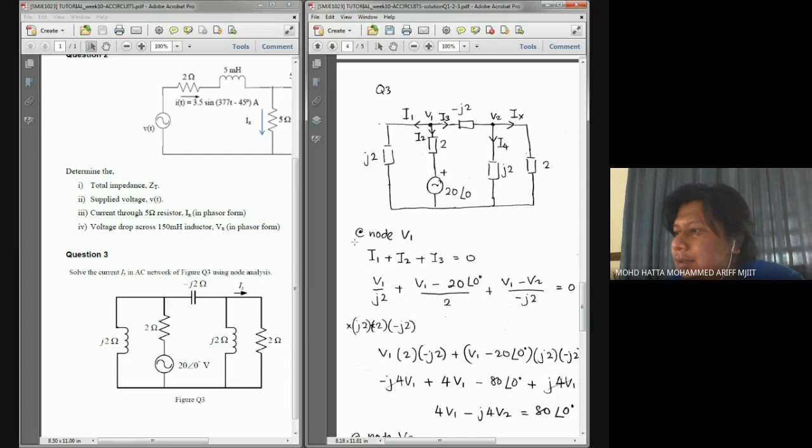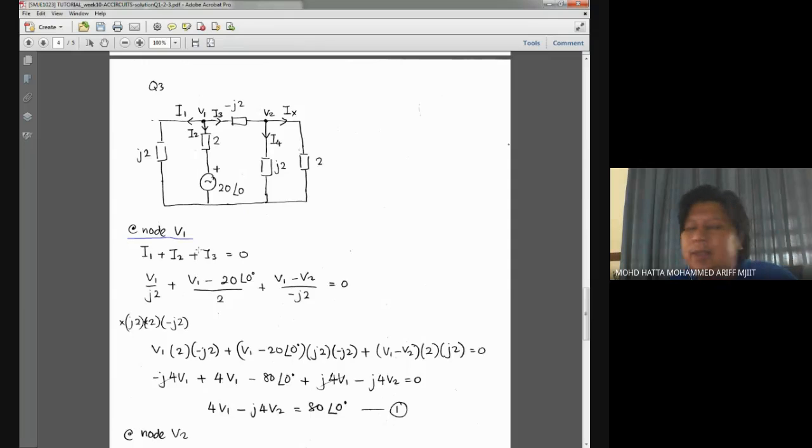I assess node V1 first. For node V1, I1, I2, and I3 are the currents flowing out. So I out should equal the sum of I in. Since we don't have current flowing into V1, I in is 0 and I out is given by these three currents.